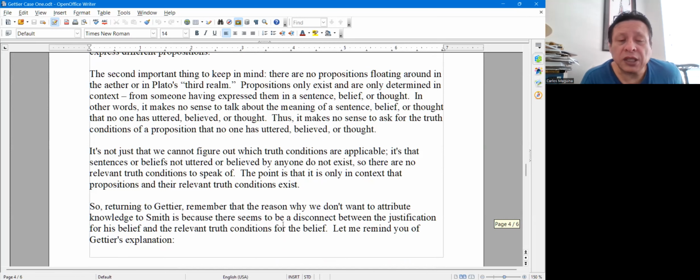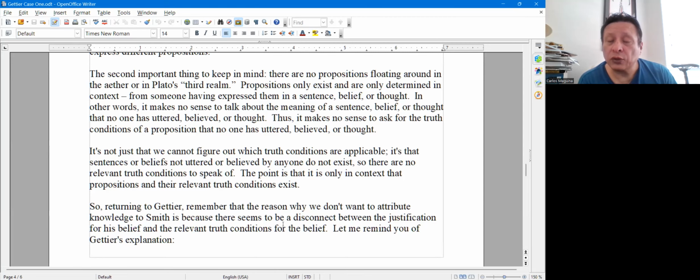So it's not just that we cannot figure out which truth conditions are applicable. If you make a declarative sentence that can be true or false, we can ask, what does he mean? To figure that out, we can figure out the relevant truth conditions.